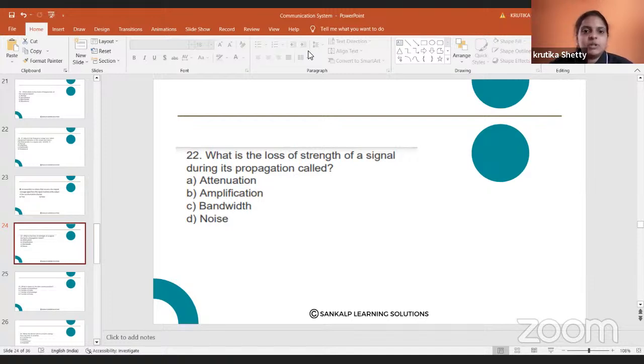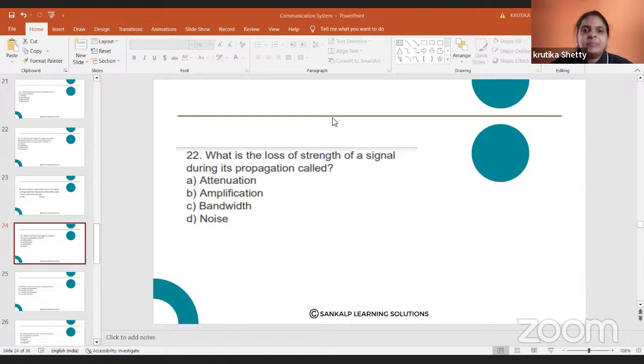Yes. So everyone is saying it correctly. That is option A, 100% right. Attenuation. We discussed that noise has unwanted signals, bandwidth means range, and amplification is increasing. So the loss of strength of a signal during its propagation is called attenuation.